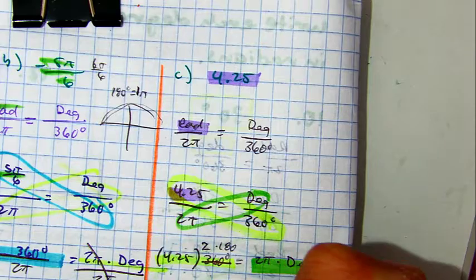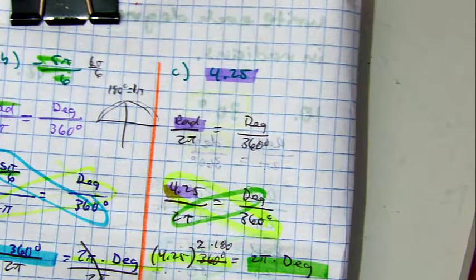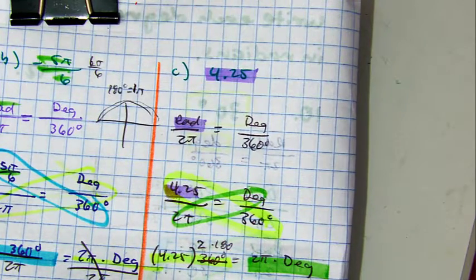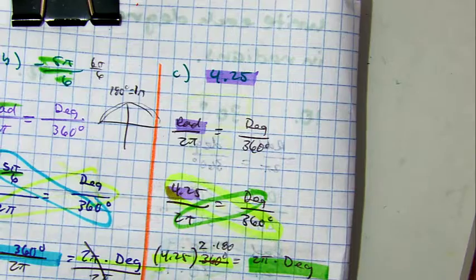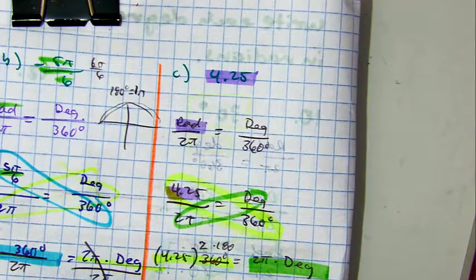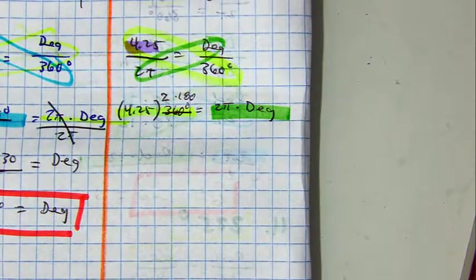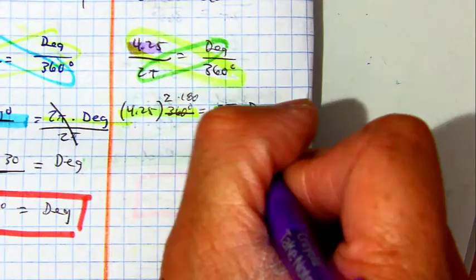And then on the other side? Yep. Sebastian, what did you do next? How do I move it? You're going to do the opposite math operation, right? Yeah, we're going to divide both sides by 2 pi.